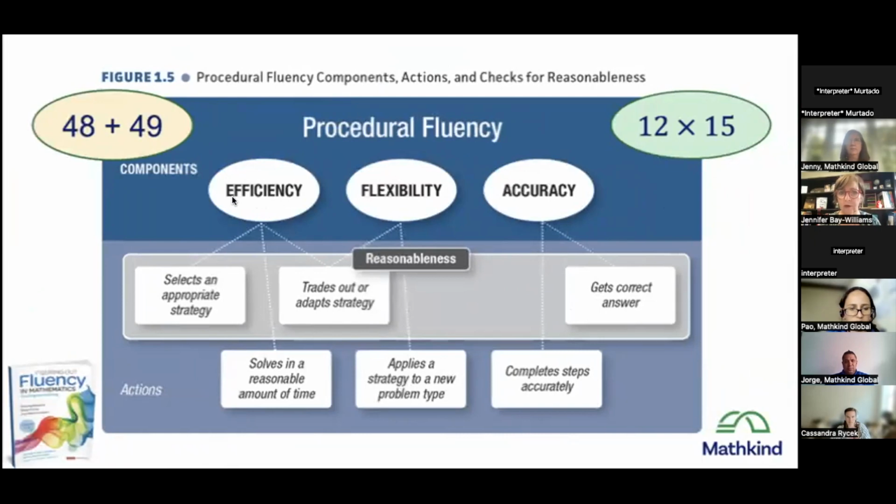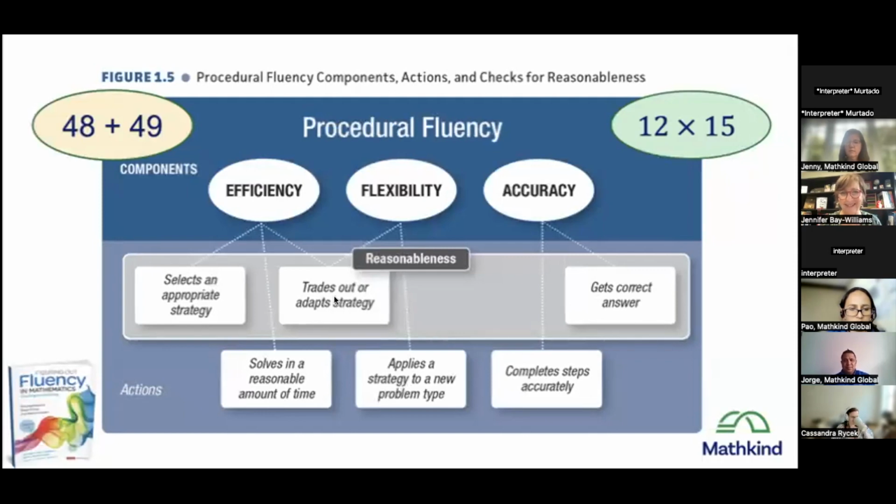So when you're solving a problem, it begins with efficiency, selecting a good idea, which depends on what the numbers are in the problem. And then once you have that idea, you actually can do it without getting too bogged down, that it's not too hard to actually do the strategy. And then if it's not going well, you change your mind, you trade it out for something else.